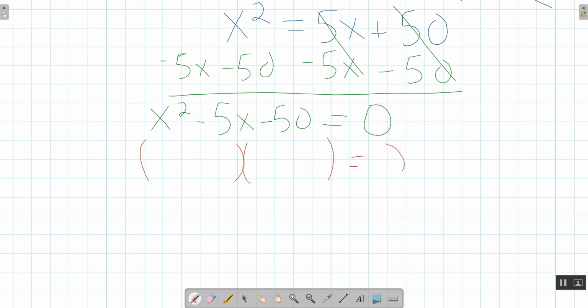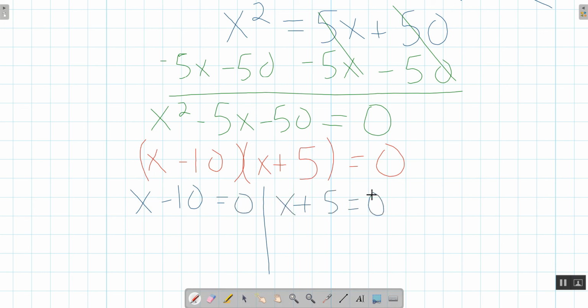So what are the factors of 50 that subtract to 5? And remember, you're going to get the middle sign. So x minus 10 times x plus 5. Multiplication rule: if a times b equals 0, that means either a is 0 or b is 0. And if we do a quick solving, we get x equals 10, x equals negative 5.